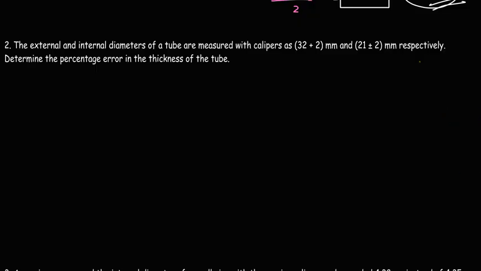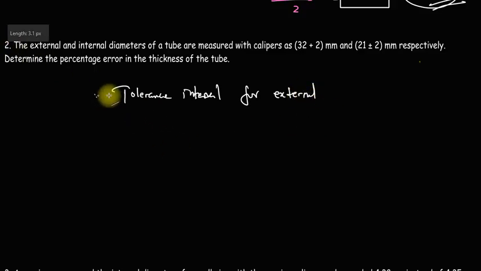Okay, so the first step is actually finding the tolerance interval for the external diameter. We're going to find that first, and then followed by the tolerance interval for the internal diameter.